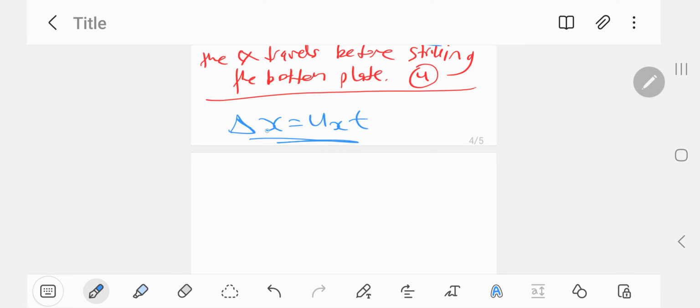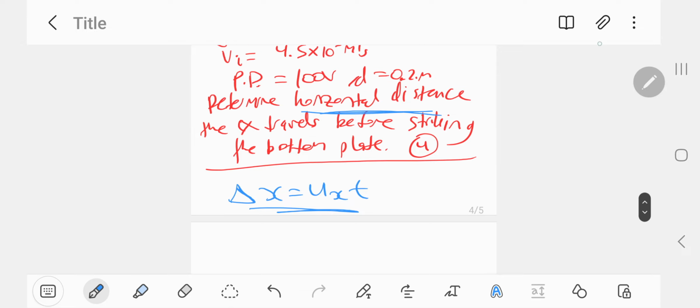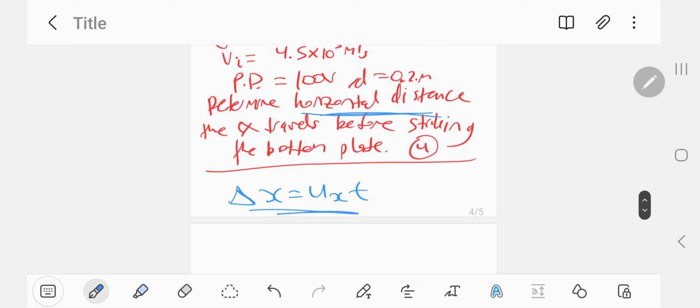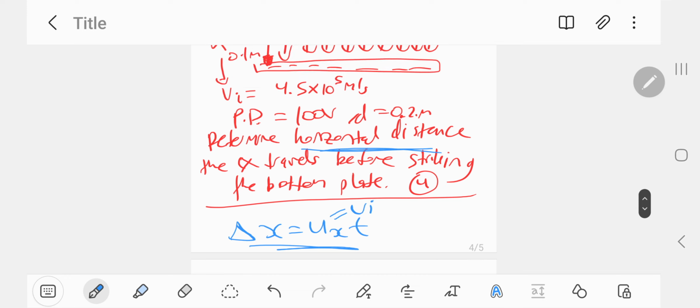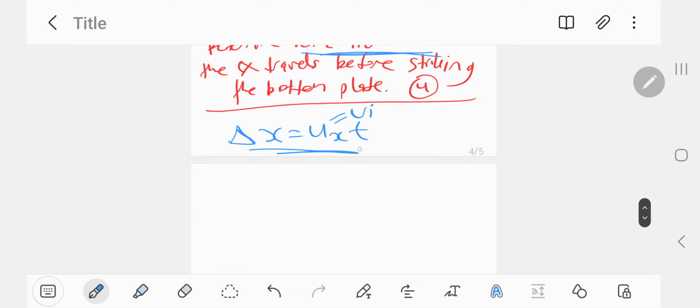Delta x is the range, horizontal displacement, horizontal distance. u sub x is the velocity along the x direction, and t is the time it takes to reach that horizontal displacement. We need to figure out delta x. So we're given u sub x, that's simply v sub i. We need t. We need to work out t.